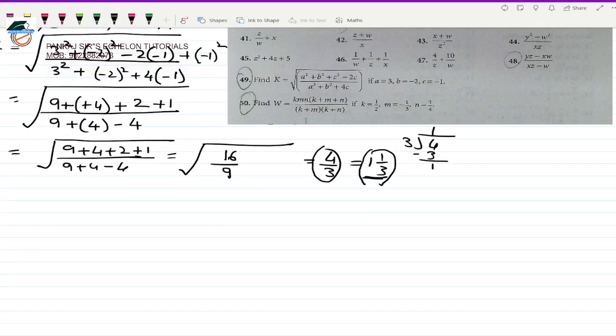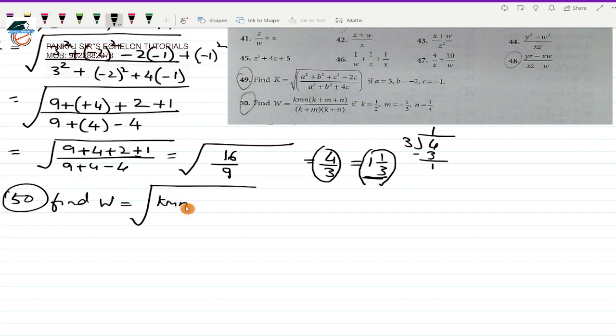Now let us come to the last question, that is 50th one. And the question says, find w equal to square root of, it's a kmn bracket, k plus m plus n close bracket, whole thing divided by k plus m bracket, k plus n.